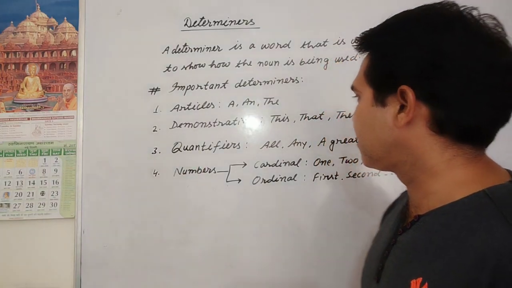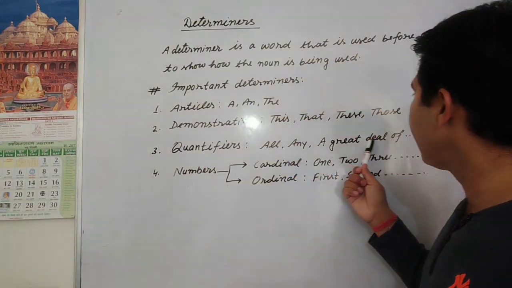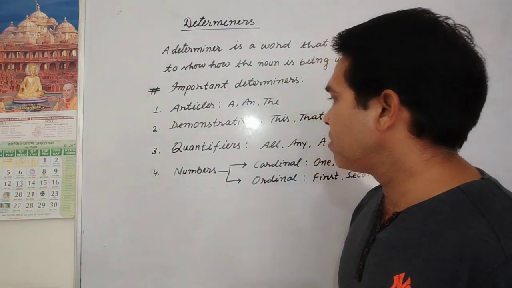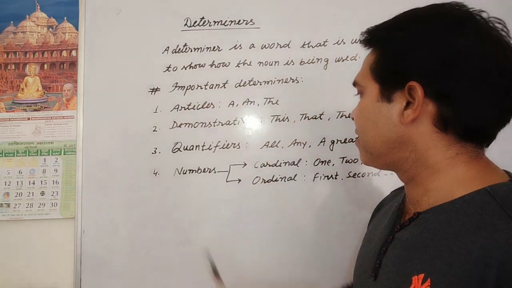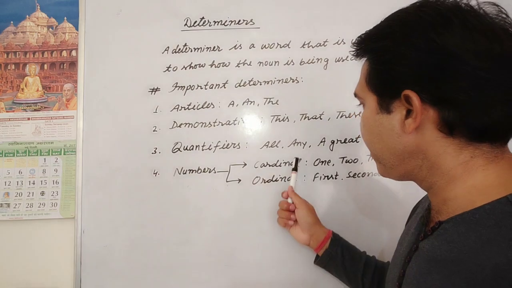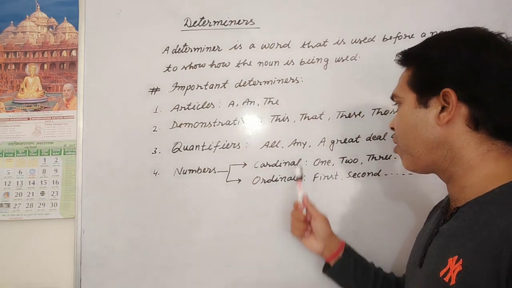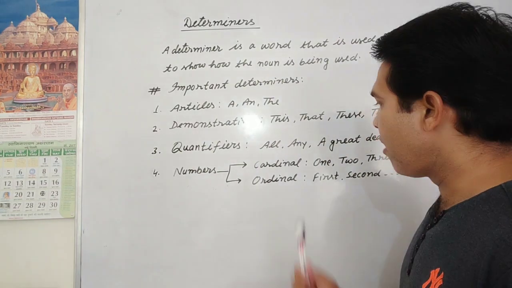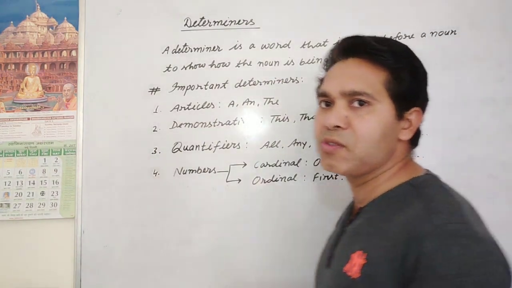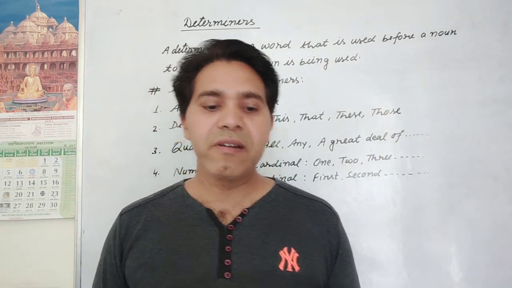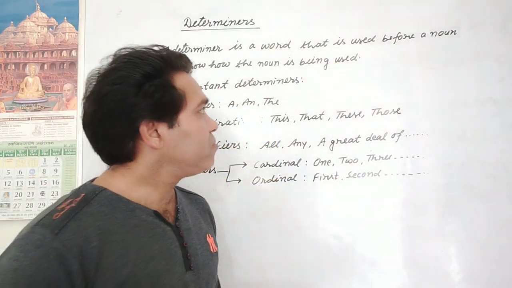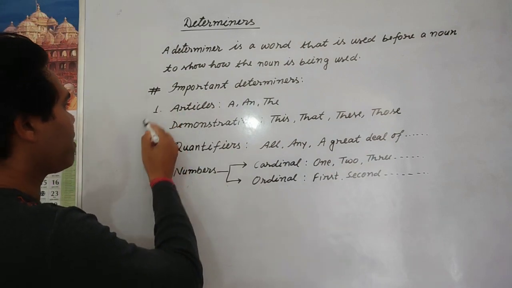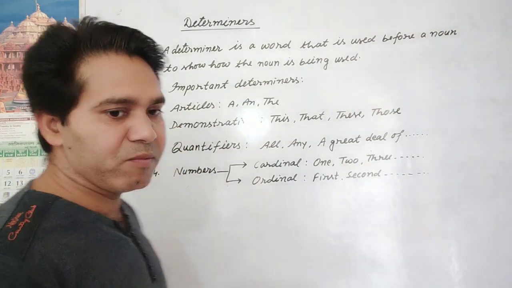Next, quantifiers: all, any, a great deal of, etc. Then fourth, numbers, two types, cardinal and ordinal. Cardinal: 1, 2, 3, 4, 5, 6, and ordinal: first, second, third, fourth, fifth. Okay, is it clear? So first of all we will do these two, articles and demonstratives.